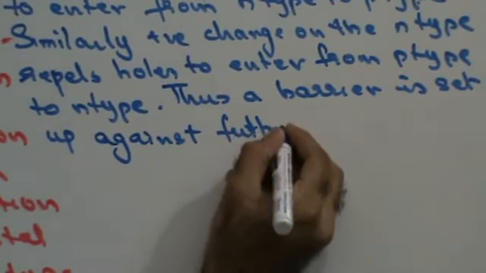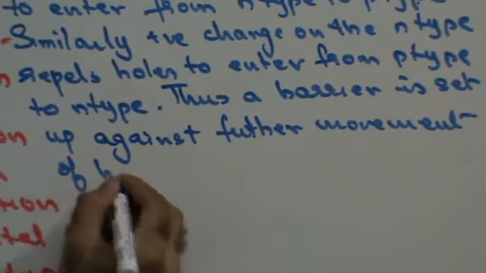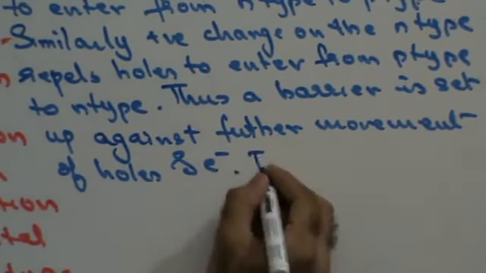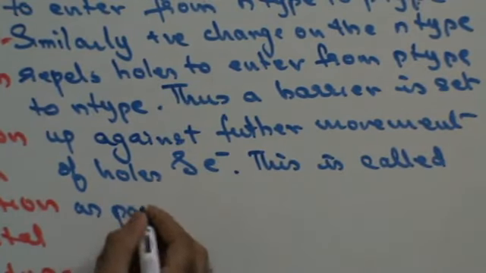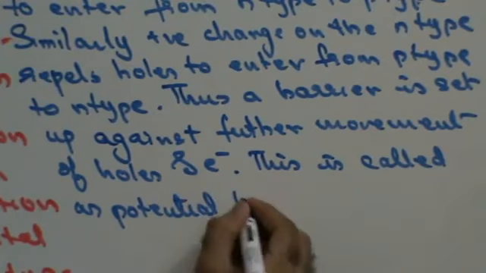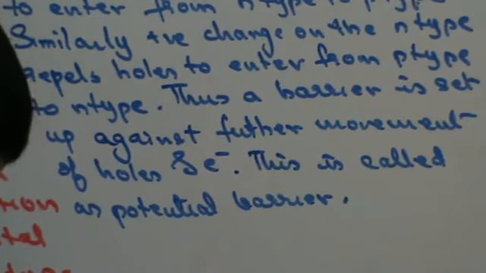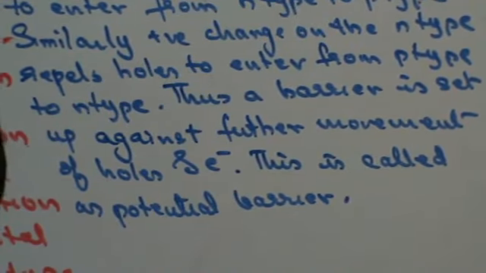This is called the potential barrier. This particular barrier is called the potential barrier. Fine, do we get this thing clear? Now, do we understand how a potential barrier is made?